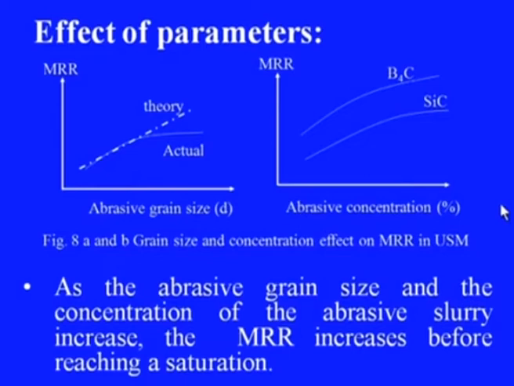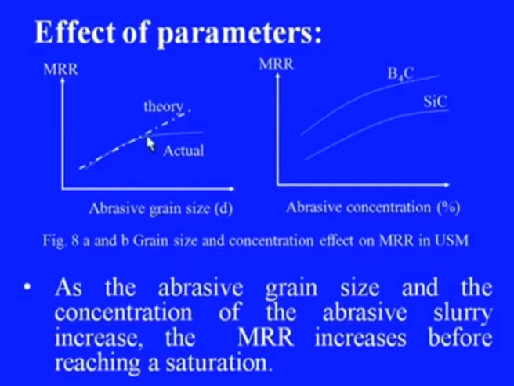These figures show the characteristic of material removal rate with respect to grain size and abrasive concentration in the slurry media. For the grain size, we have seen a very peculiar situation: up to a particular optimum grain size, the material removal rate increases with grain size.